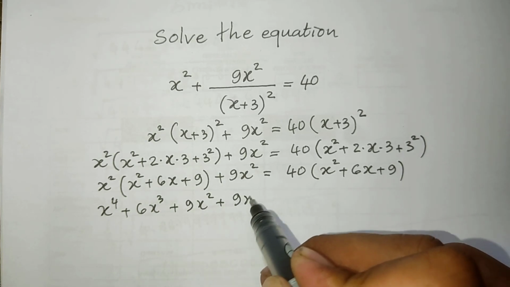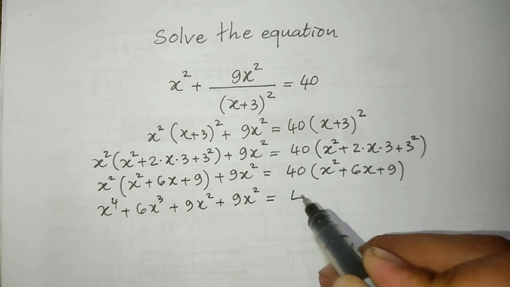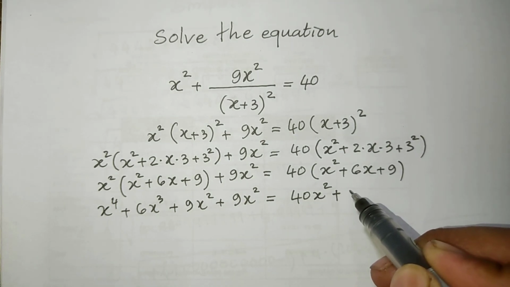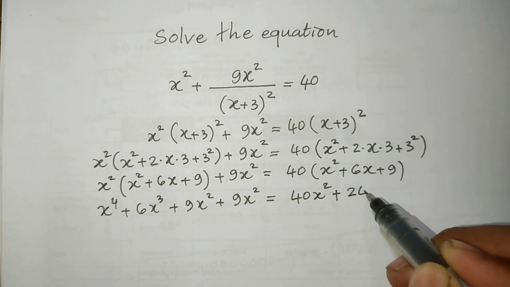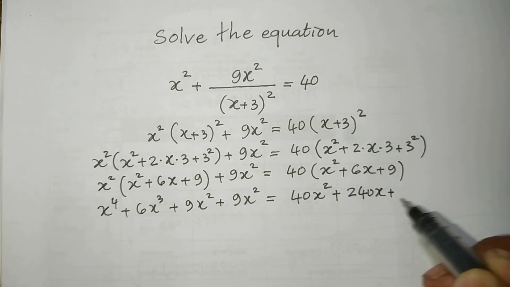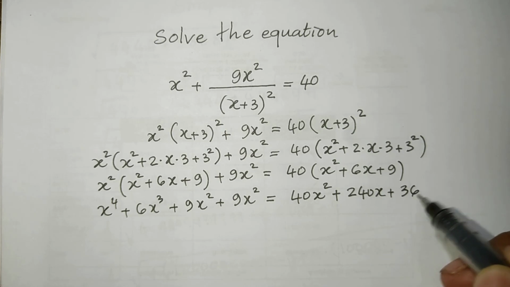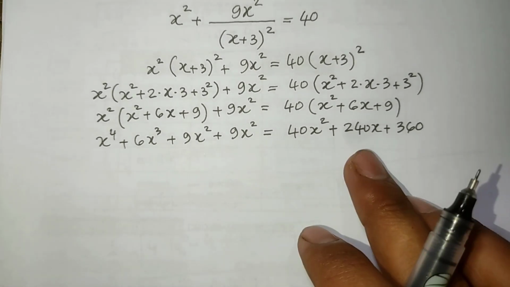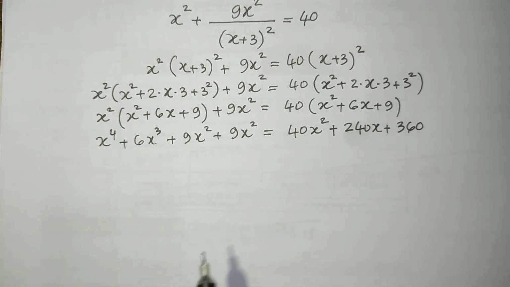equals 40x squared plus 240x plus 360. And now I move everything from the right hand side to the left hand side.